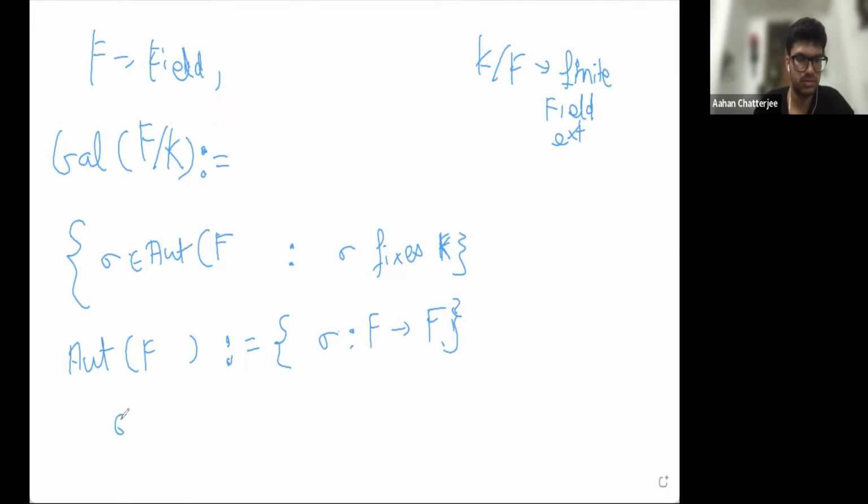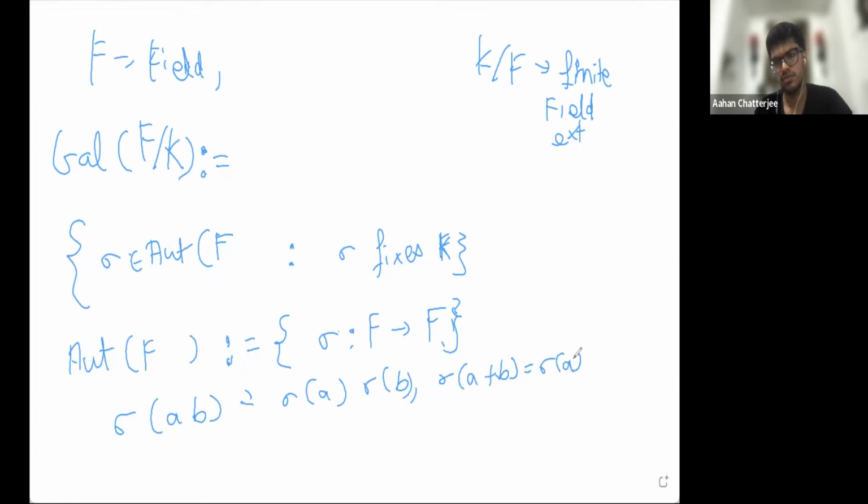What does that mean? It means sigma(AB) is sigma(A) times sigma(B), and sigma(A plus B) equals sigma(A) plus sigma(B), and the identity is preserved. So this is what automorphisms mean.